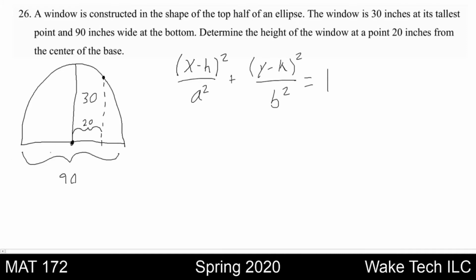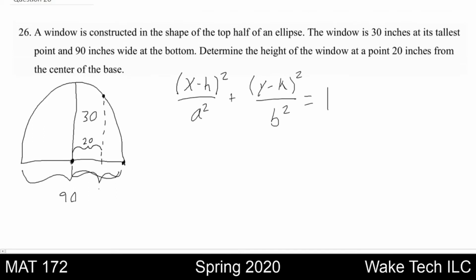So notice that the distance from the origin to an endpoint of the axis, like so, is 45, half of the 90, which is longer than the other axis, which is from the origin to the endpoint of the axis, which is 30. And those values are actually just a and b respectively.